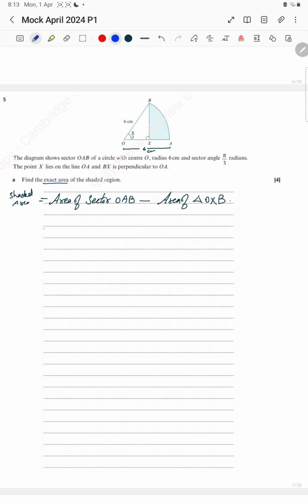So area of sector, we know that will be half r square theta, and area of triangle XOB is half, base is OX, and height is XB or BX.